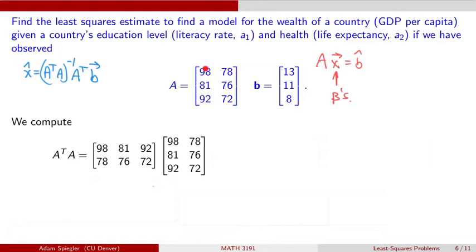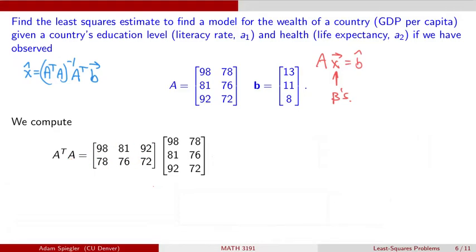And we're going to be fine because the only way this A transpose A is not invertible would be if these two columns of matrix A were linearly dependent. And I can see that column 2 is not a multiple of column 1. So these two columns are linearly independent, which tells me the matrix A transpose A should be invertible.